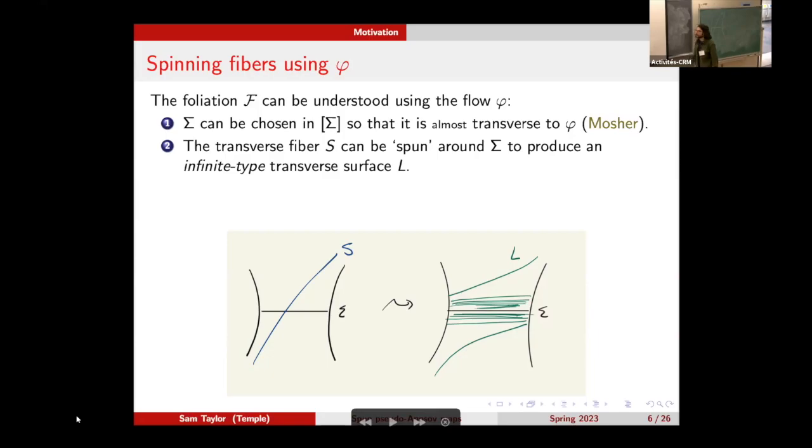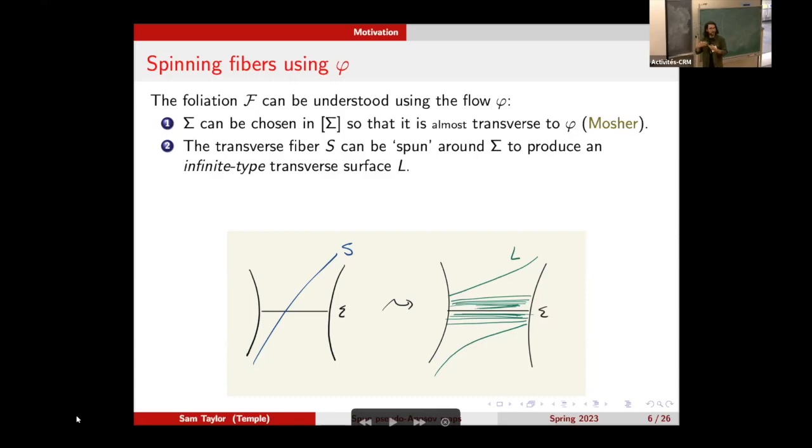What's nice though is, S and sigma were transverse to the flow. I can clearly do this so that my resulting spun surface is still transverse to the flow. Cool. So it's transverse to the flow, and it also intersects every flow line infinitely often, because of what I assumed about S.